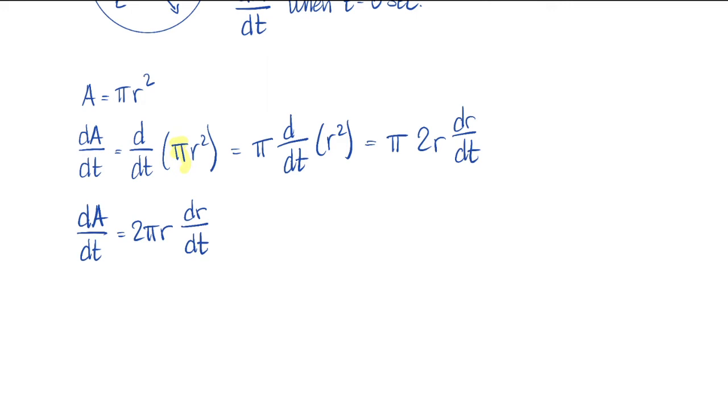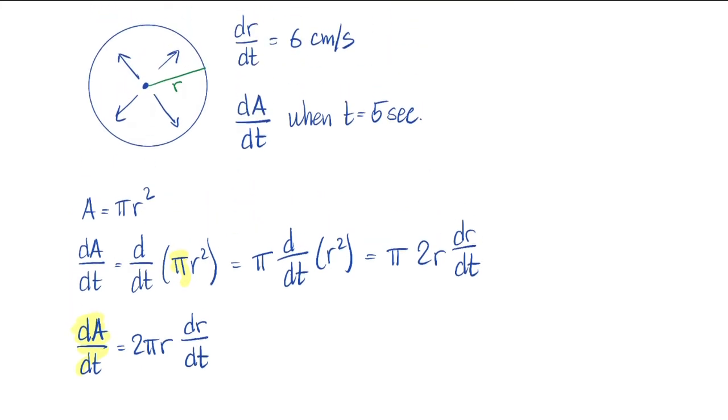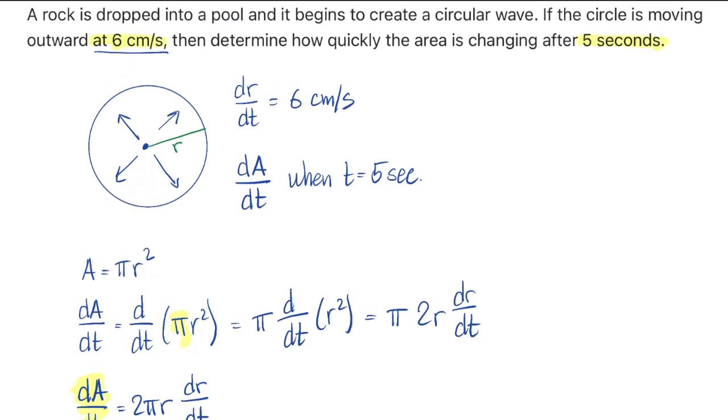We want to determine the rate at which the area is changing with respect to time, and we know the rate at which the radius is changing, so that's the 6 centimeters per second. We don't know the radius at this point, but we can determine the radius because we know the speed at which the wave is traveling, and we want to determine this after 5 seconds.